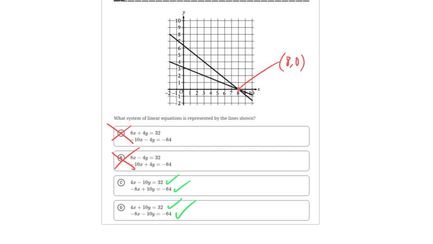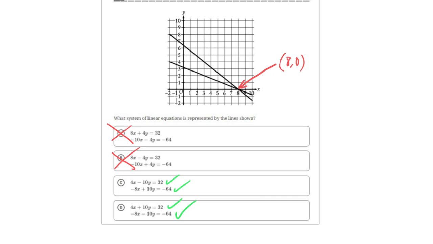Because for all we know, one of these is going up like that, and it does indeed cross there, but it's not the same as this scenario. So it is important to recognize that you could have more than one answer choice that reflects the point of intersection at (8, 0).